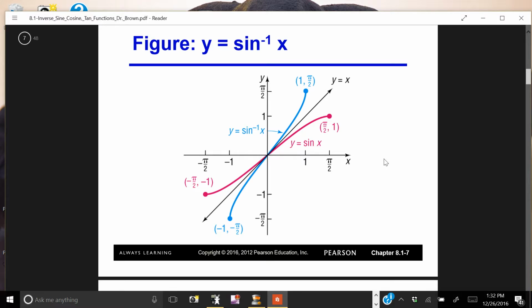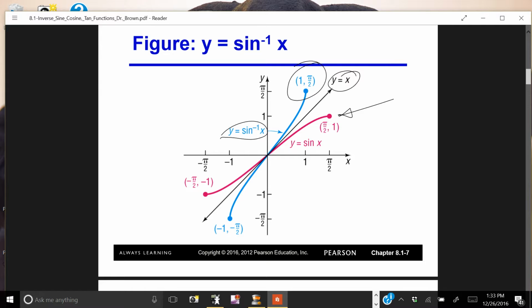And here in blue is the inverse sine function, and you might recall that to graph the inverse sine, you can just reflect the graph around the line y equals x, and that's what you see here.